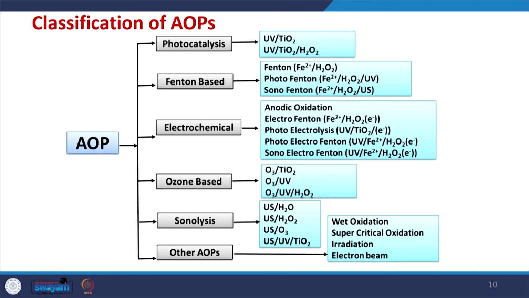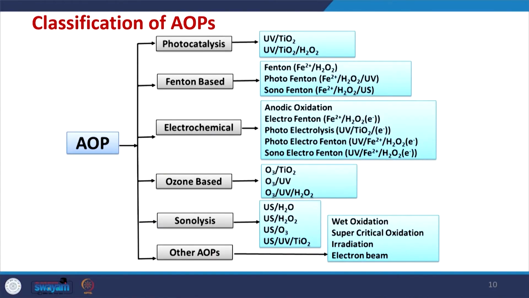Now, we have studied how various reactive oxygen species help in the treatment of water, in particular the organic compounds present in the water, which are converted into CO2, H2O, etc. Depending upon how these ROS get produced, we have different AOPs.